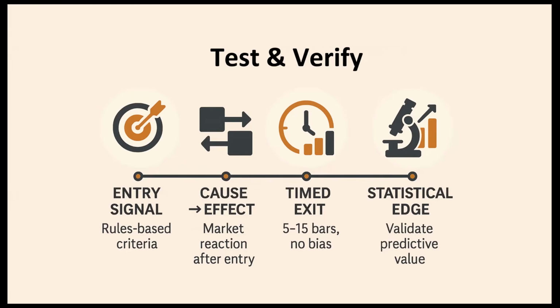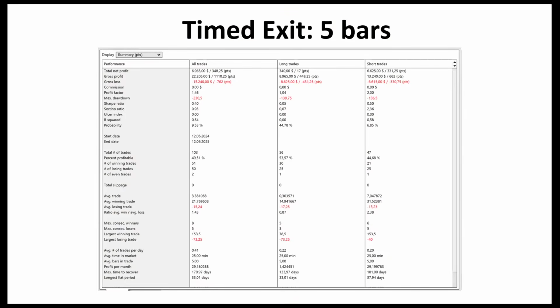So this is a backtest report for a 5-minute NASDAQ chart generated by NinjaTrader's strategy analyzer using a timed exit after 5 bars. So you've basically just reversed the position after 5 bars, telling the system to exit at that time.